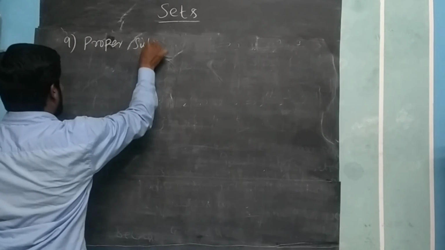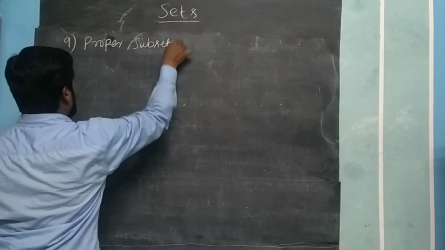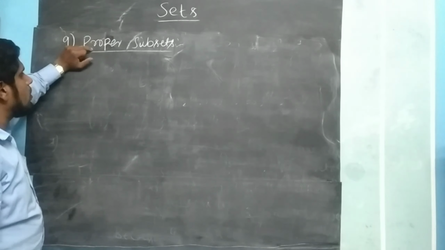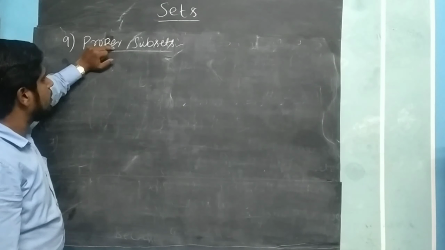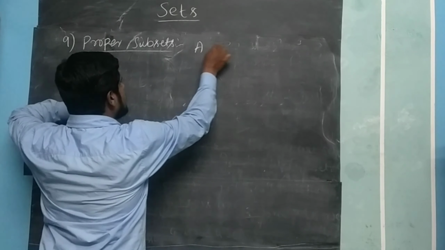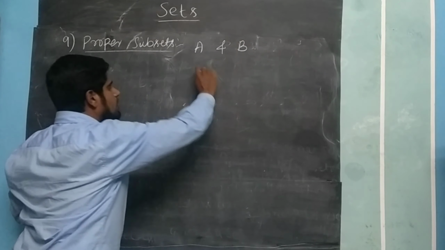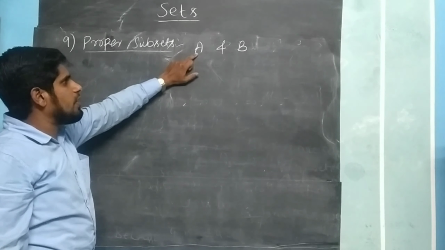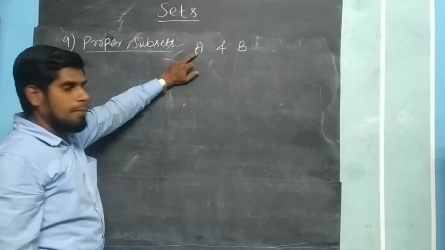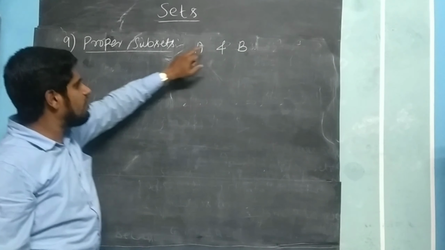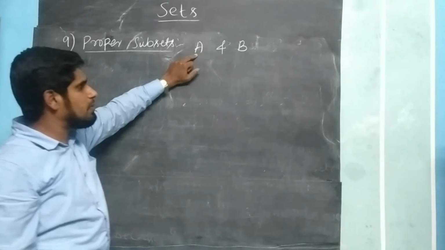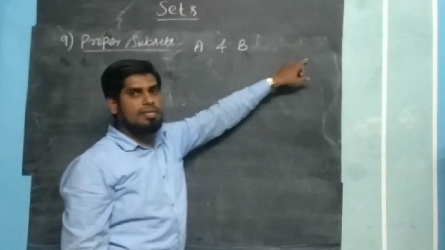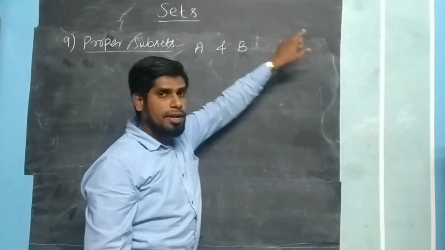Proper subsets of a set. Proper subset means if A and B are two sets, then every element of set A must be present in set B, and set B has a few more elements.